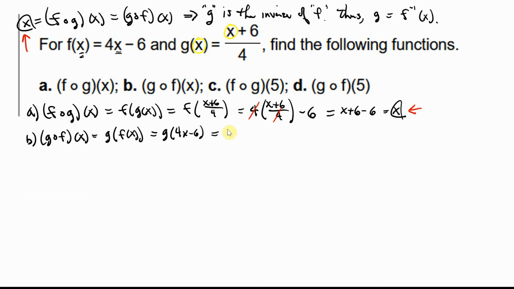So the X now becomes 4X minus 6, plus 6, all over 4. Okay? So let's see what happens. This minus 6 plus 6 cancels out. I have left 4X all over 4. The 4's cancel. I have left X.